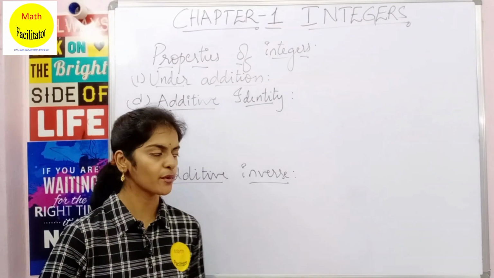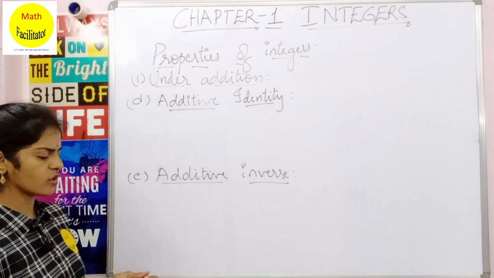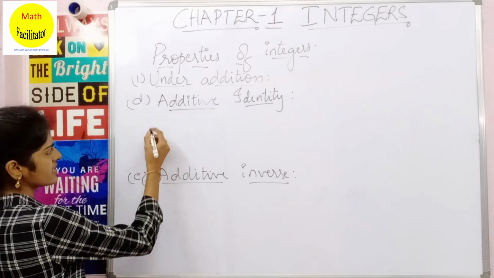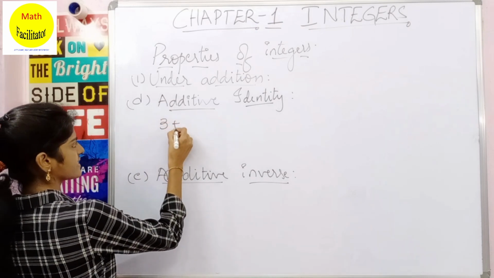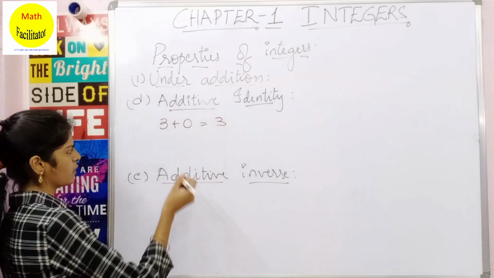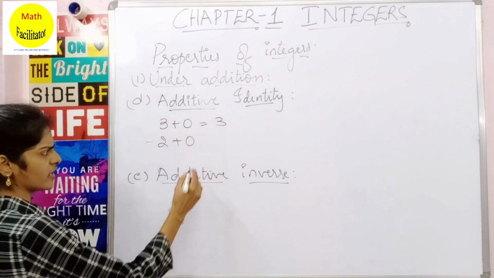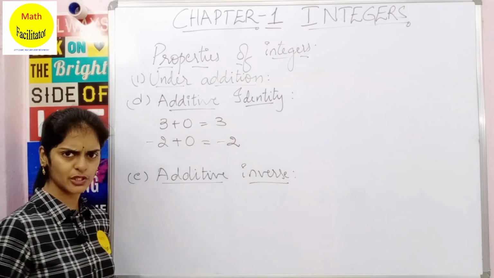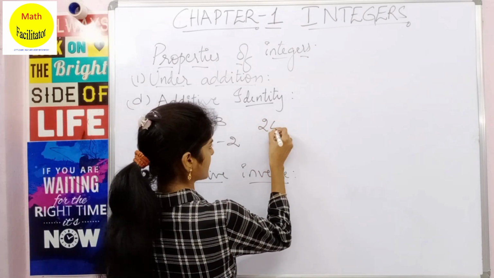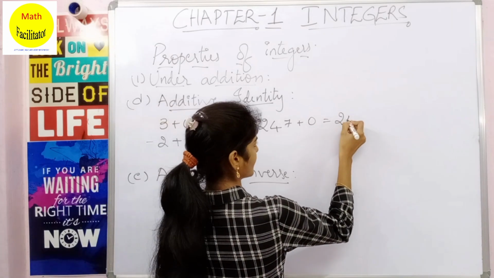Now let us talk about additive identity and additive inverse of integers. Firstly let me give you a few examples. What is 3 plus 0? 3 plus 0 is 3. Now what is -2 plus 0? It is nothing but -2. Do you agree? Now what is 247 plus 0? It is again 247.